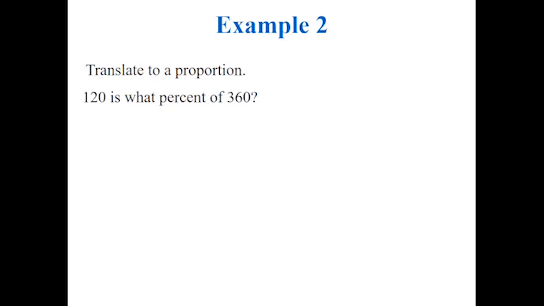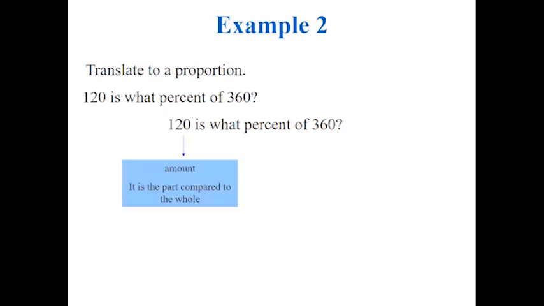120 is what percent of 360? We're setting up the proportion. 120 is the amount. It does not come after of. It's not the base. 360 would be the base.